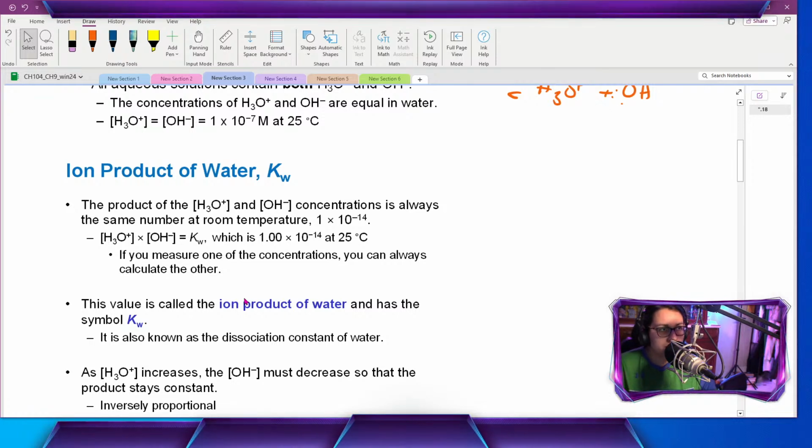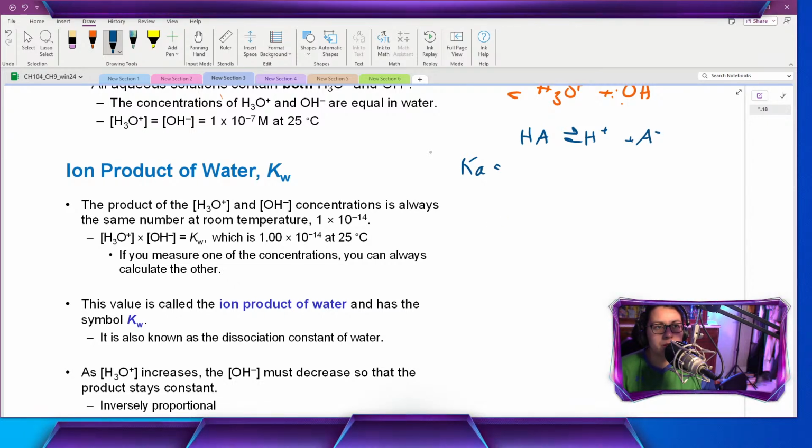As an aside, I don't want to go too much into it, but I do want you to know where this Kw came from. We have our Ka expression, where we have our acid, and it can make, most simply, H+ and our base.